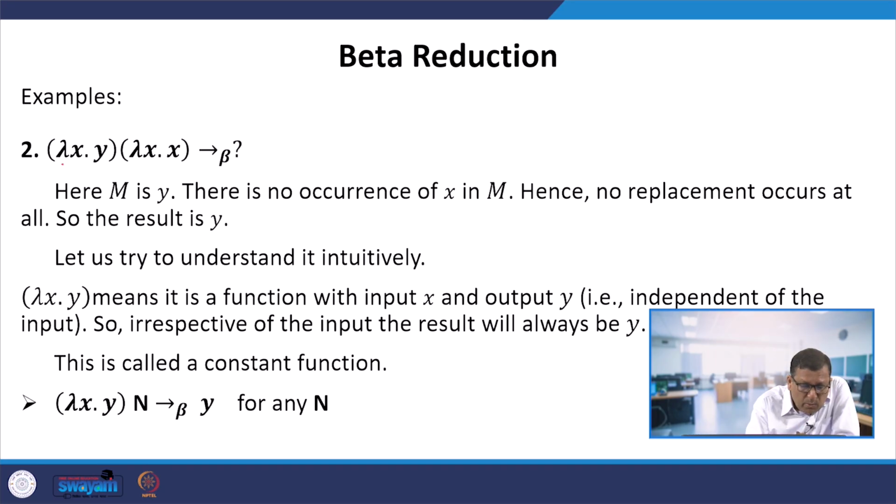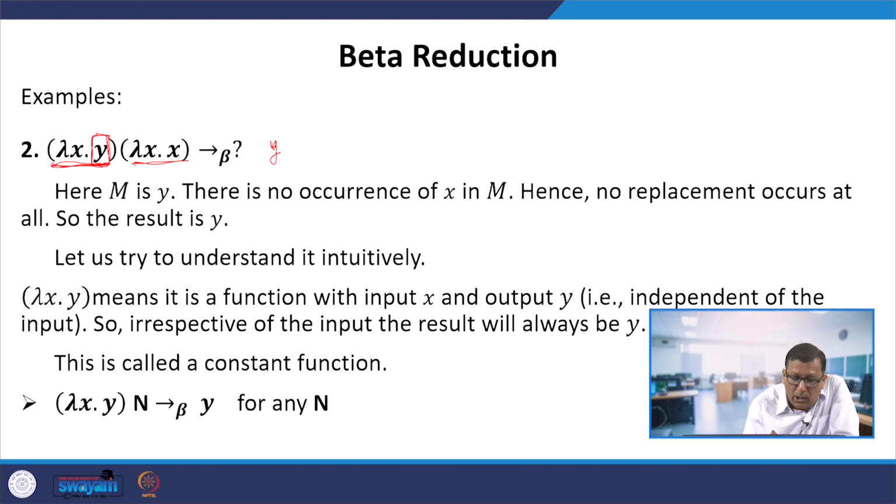Now here we have lambda x dot y and this is n. Now something interesting is happening here. This body is y. We don't have any occurrence of x at all. All free occurrences of x are to be replaced with n, but there is no occurrence of x at all. What are we going to do? Then no replacement is possible, so the answer should be y.